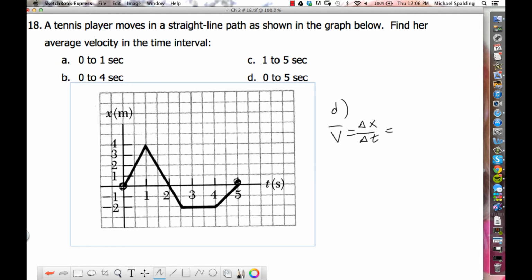What's her displacement from 0 seconds to 5 seconds? 0, because she's starting at the 0 meter position. Where is she ending? At the 0 meter position. So she didn't go anywhere. Displacement only cares about starting point and ending point. And then the time that took was 5 seconds, but this gives 0 meter per second.